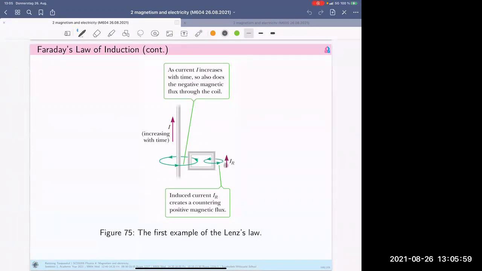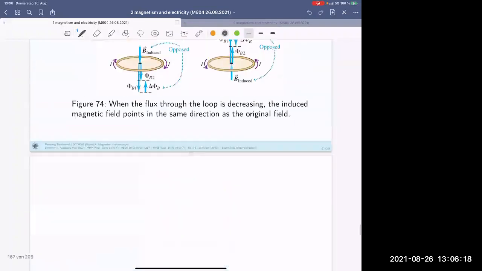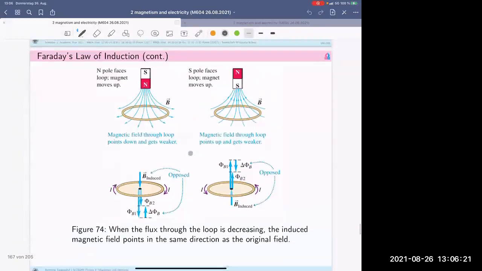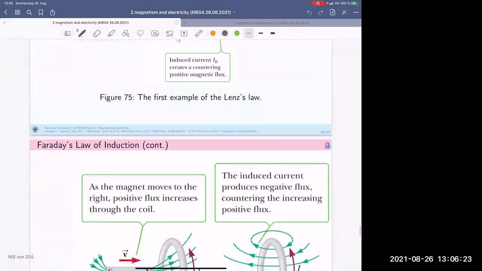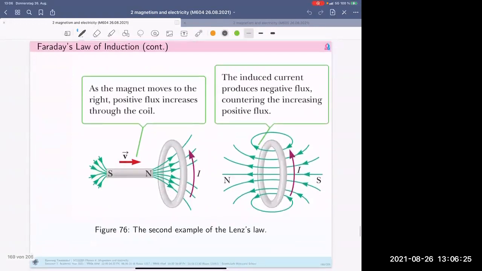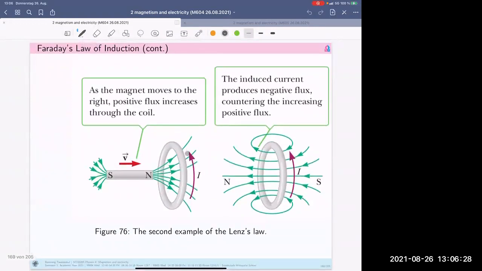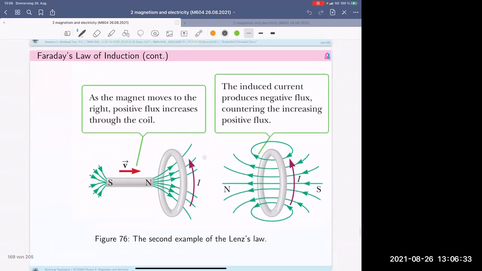Again, you use the right hand, and your forefinger will represent the induced magnetic field lines here, and your thumb direction is going to give you the direction of the induced current. Here is Lenz's law. It's quite close to Faraday's law. Faraday's law will give you the quantity, how much electromotive force you could get, which is simply known as voltage.